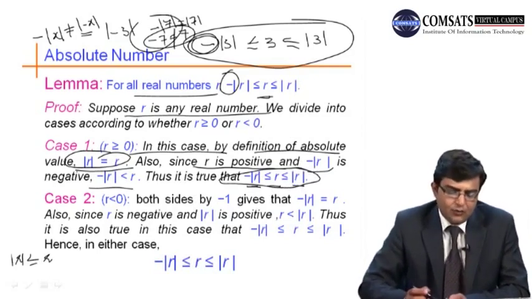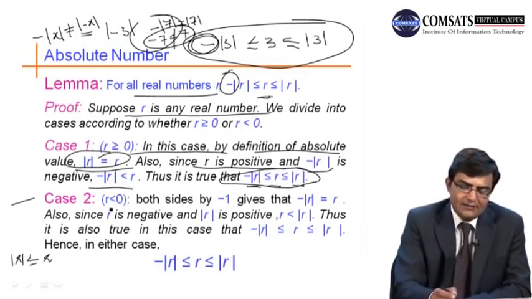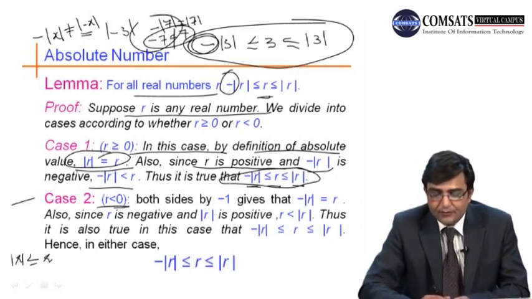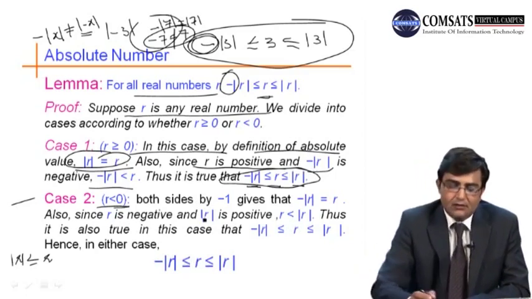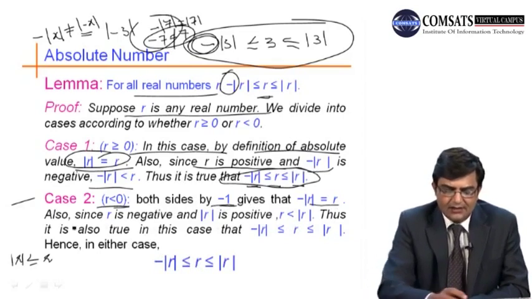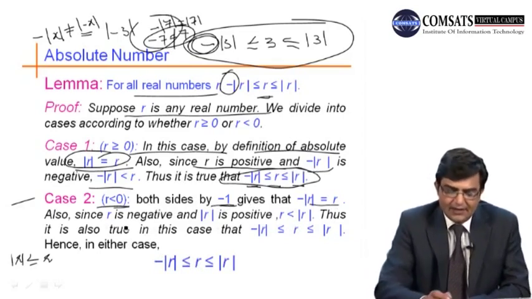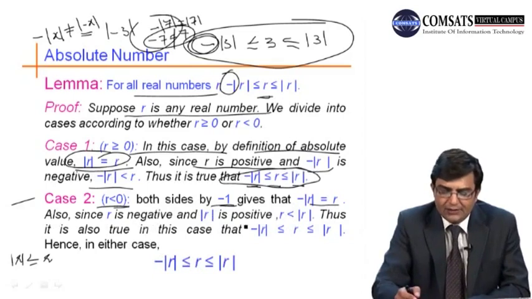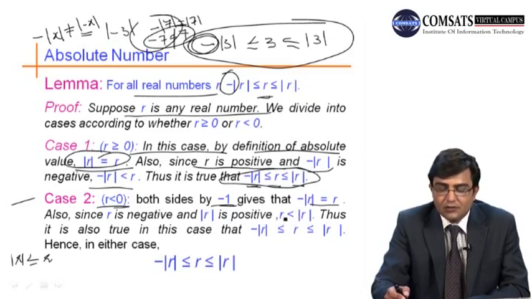Similarly, we can prove the second case, where r is less than 0, by multiplying both sides by minus 1 to obtain this. Also, since r is a negative number, the absolute value of r is positive, so the absolute value of r is greater than r, because r is negative.